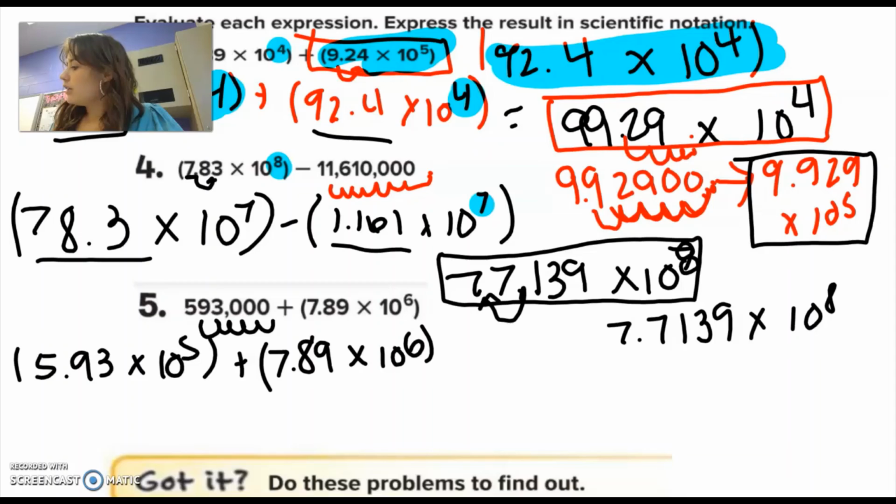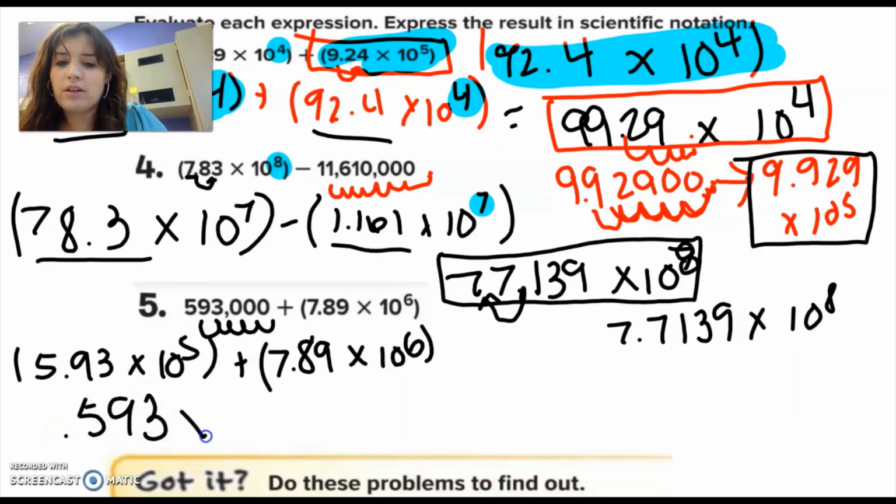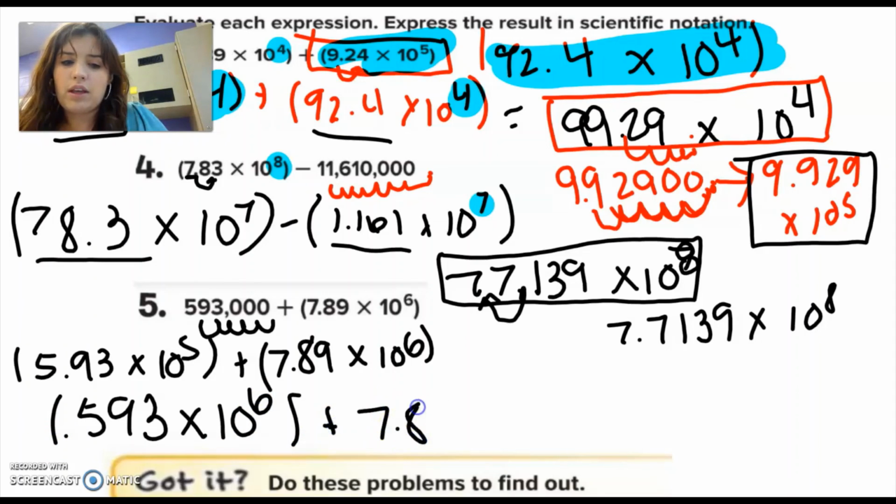I'm going to choose to change exponent 5 and turn it into a 6. So I'm going to just move it to the left one time. And now we have 0.593 times 10 to the 6th power plus 7.89 times 10 to the 6th power.